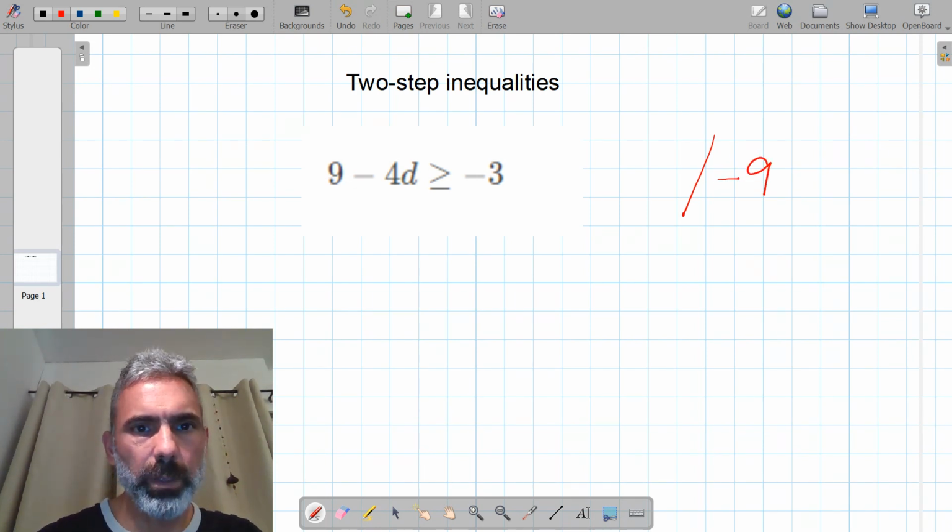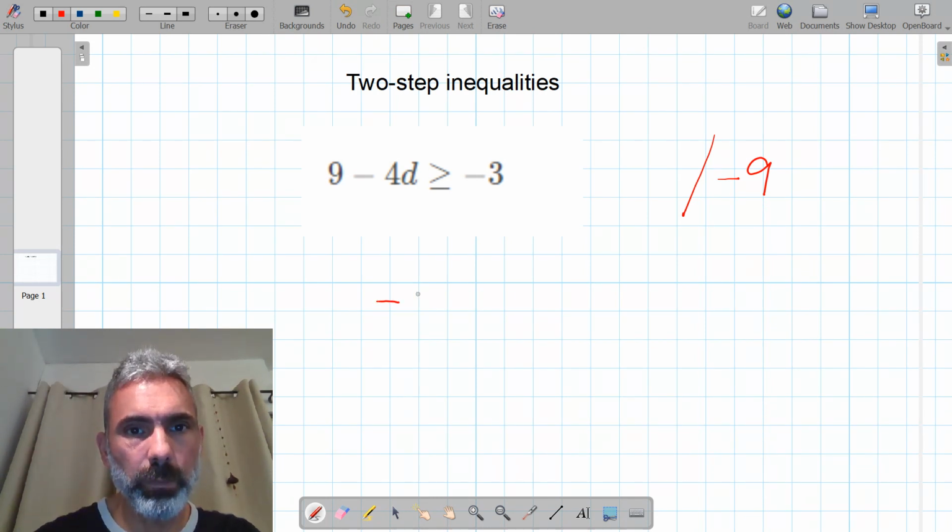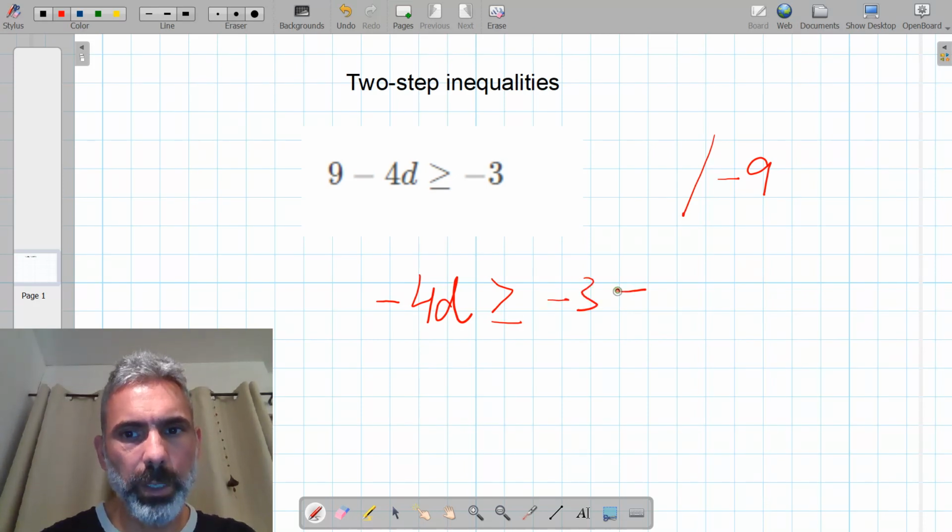So I am left with minus 4d on the left hand side of the inequality. So minus 4d is greater than or equal to minus 3 minus 9, okay, which is minus 12.